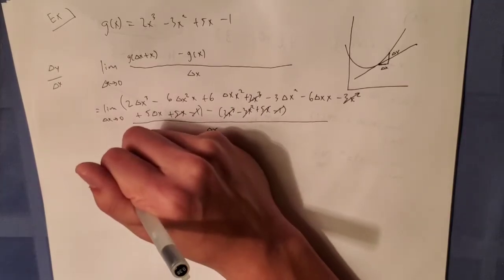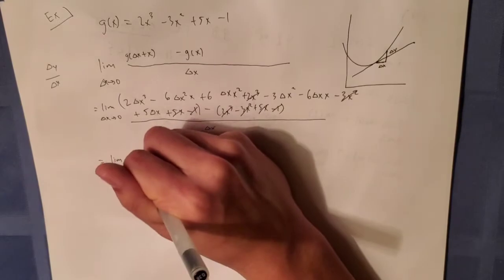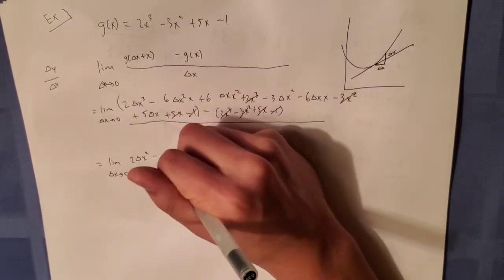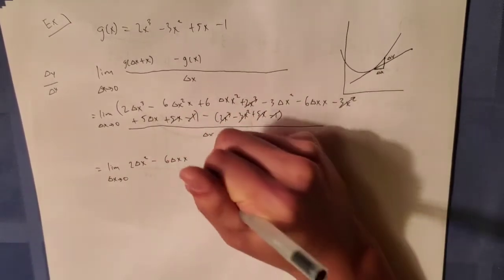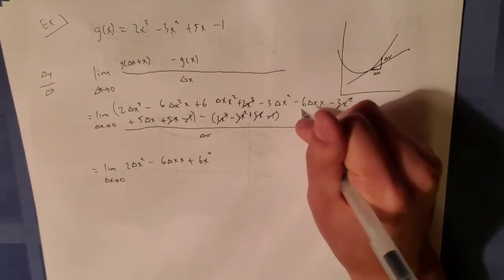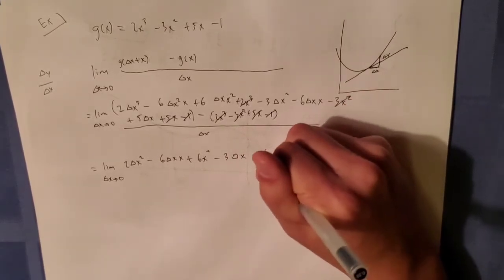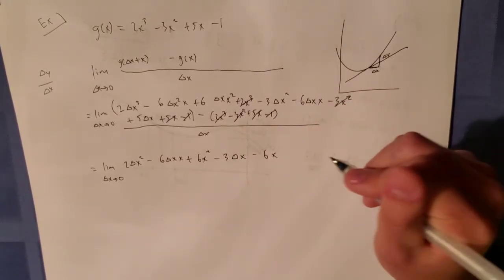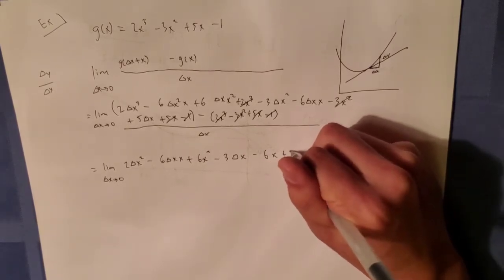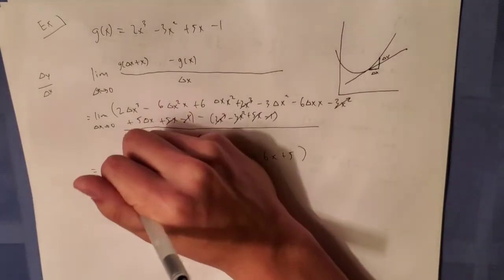So this should equal the limit as delta x approaches 0 of 2 delta x squared plus 6 delta x times x plus 6x squared minus 3 delta x minus 6x plus 5, and that's it.